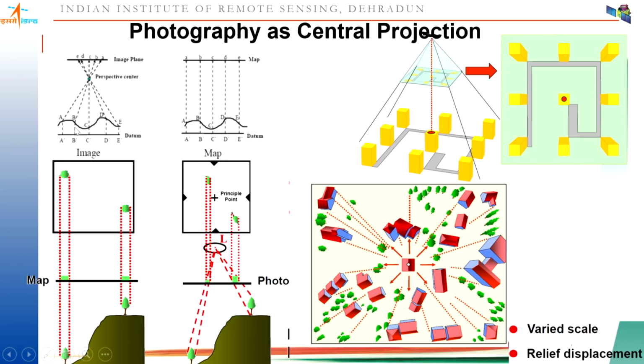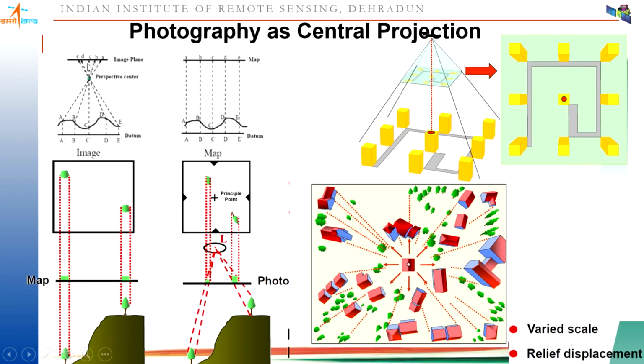Whereas in the case of an aerial photograph, or a digital photograph, or any photograph, all the rays from all parts of the ground focus on one point, that is the lens, and from here they diverge and make the image on the image plane or on the negative.